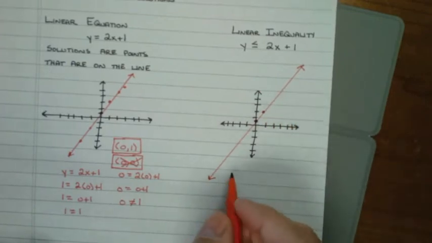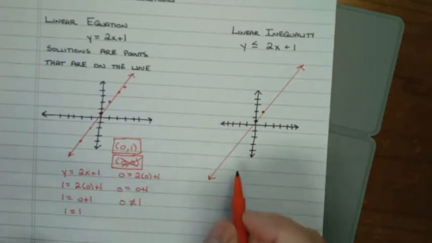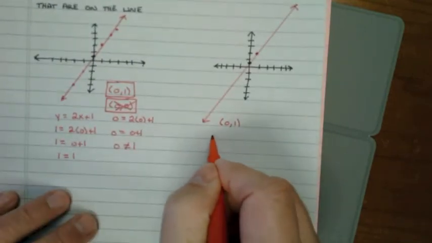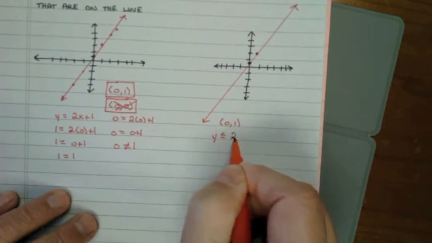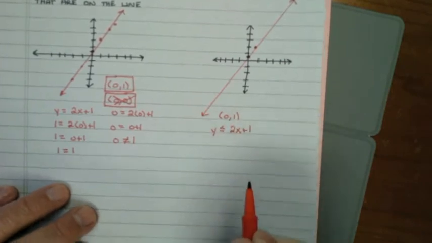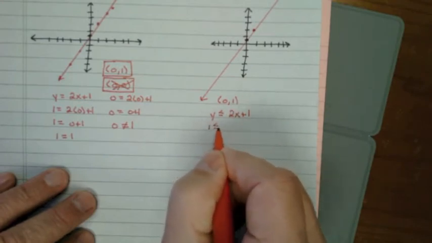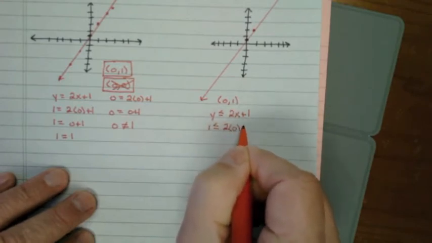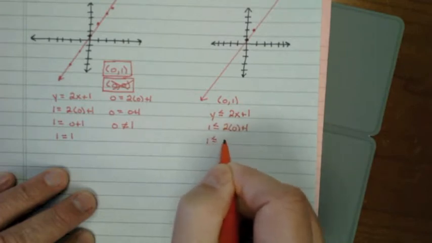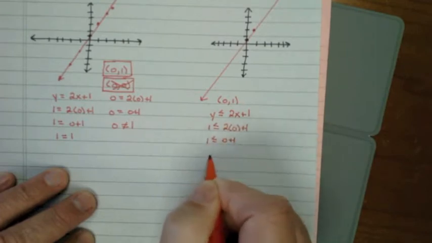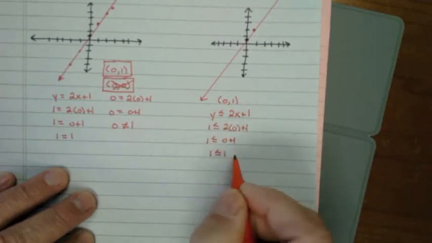For example, I'm going to try this point again, (0, 1), and I'm going to plug it into my inequality. y is 1, less than or equal to 2 times 0 plus 1. 1 is less than or equal to 0 plus 1. 1 is less than or equal to 1.